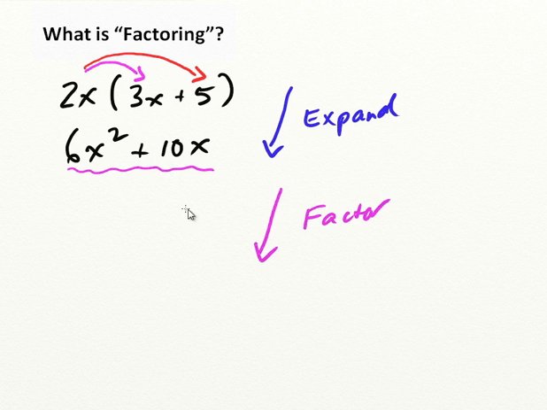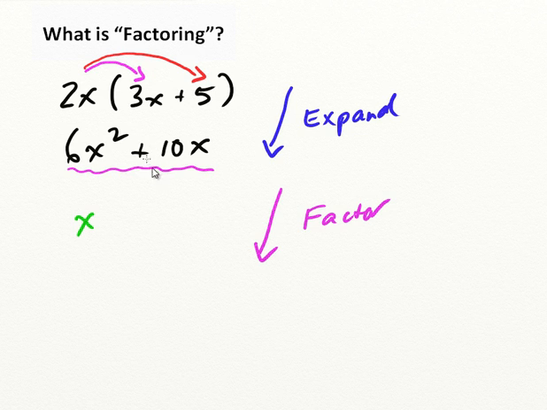So we're just going to go in the opposite direction, and in this case, I could use the technique of common factoring. I could look at the 6x squared and the 10x and ask, what do they have in common? I can clearly see that they both contain an x, and they are both even numbers, so they must be divisible by 2.